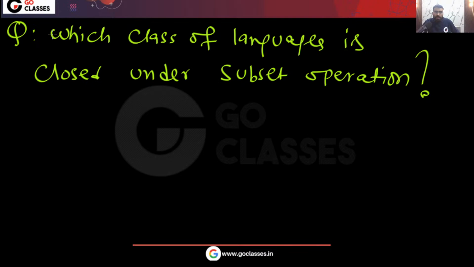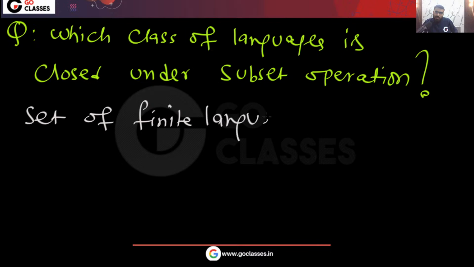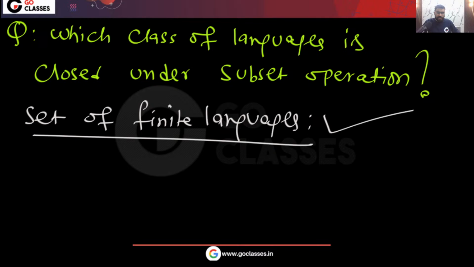Notice one thing. Which class of languages is closed under subset operation? The set of finite languages. This is closed. Why? Because if you take any finite language L, can I say its subset also will be finite?